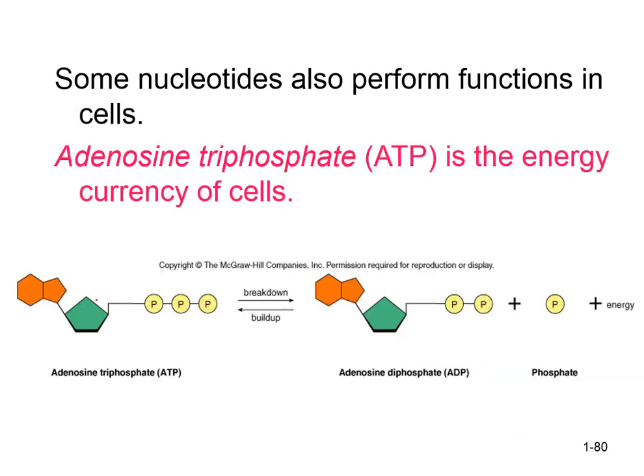So this is the ATP. You can see it has 3 phosphates here. When it breaks down, it releases energy and forms ADP, 2 phosphates.